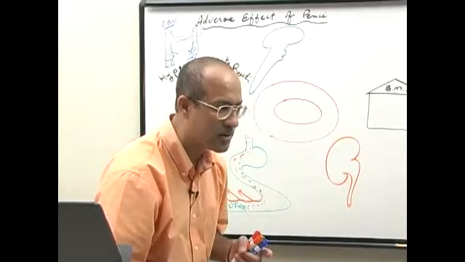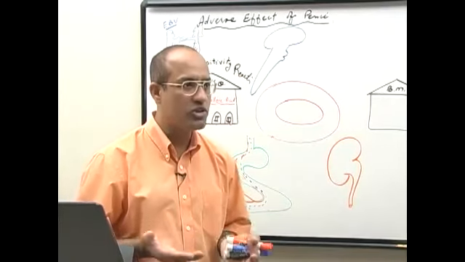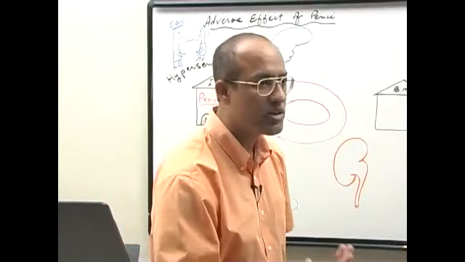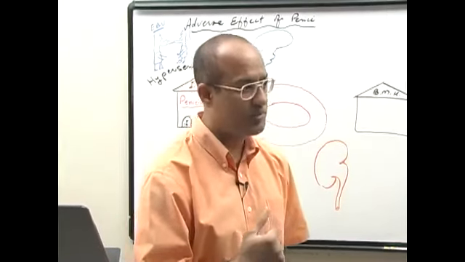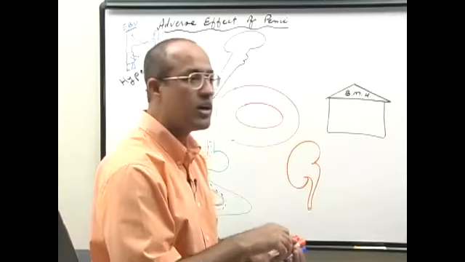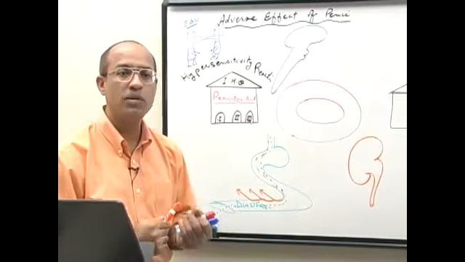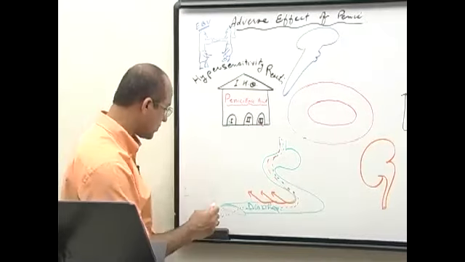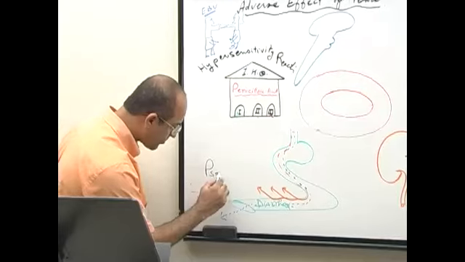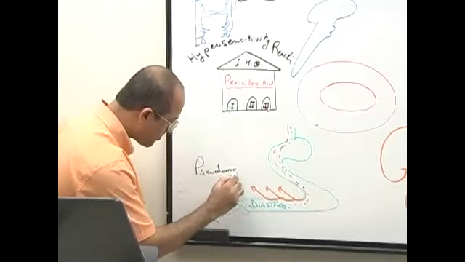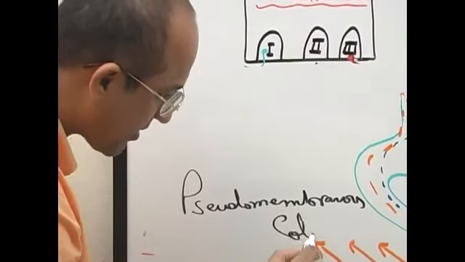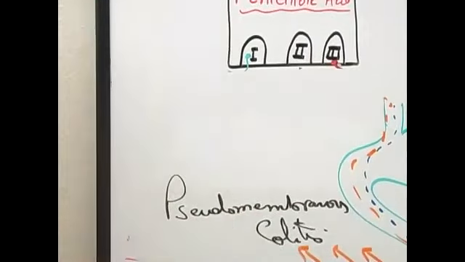When they overgrow, their concentration becomes high and they are able to damage our GIT and produce diarrhea. Sometimes they damage the GIT so severely that they produce a condition called pseudomembranous colitis. What is the condition called? Pseudomembranous colitis. Ampicillin can produce this.